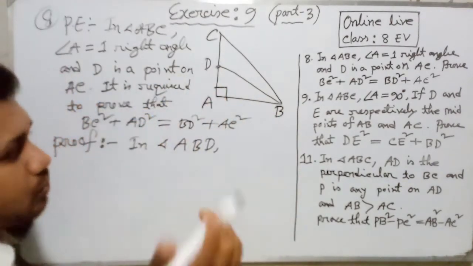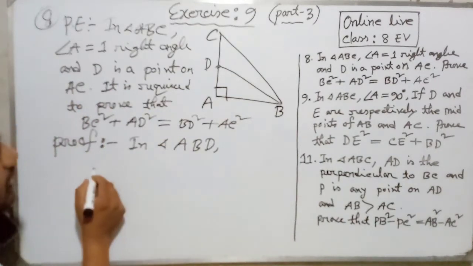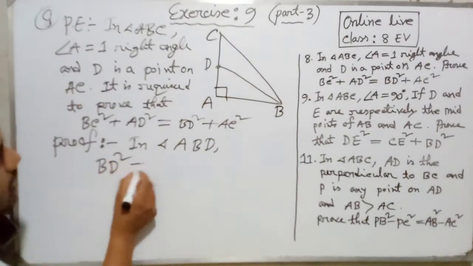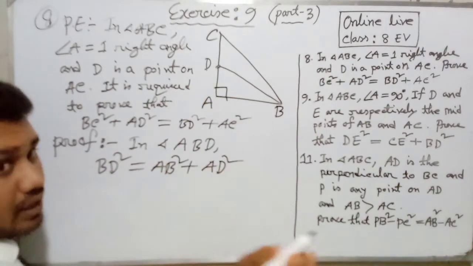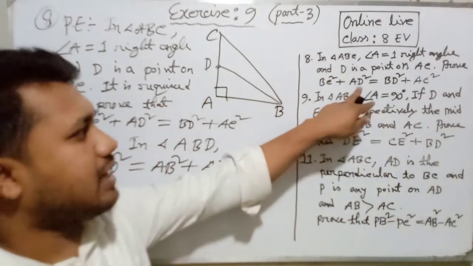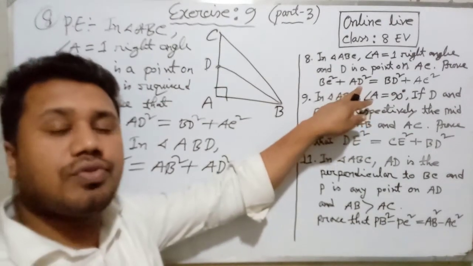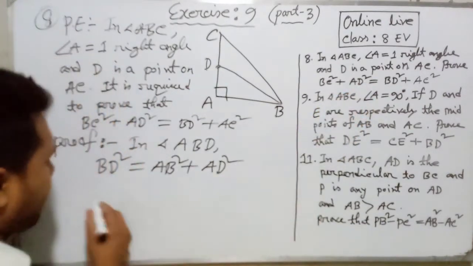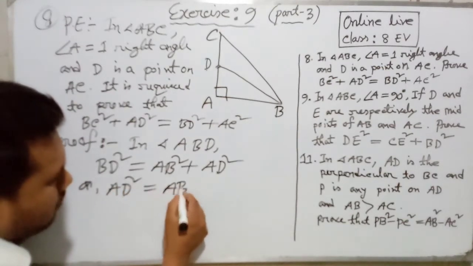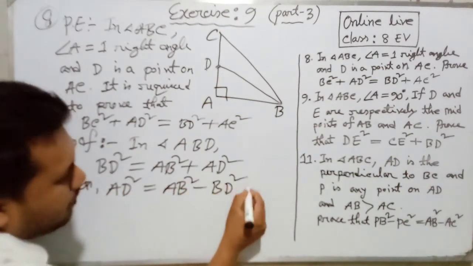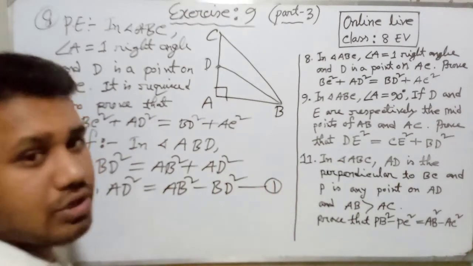So according to the Pythagoras theorem, we can write BD square equals AB square plus AD square. Now we have to find the value of AD square, so AD square equals BD square minus AB square. This is our equation number 1.